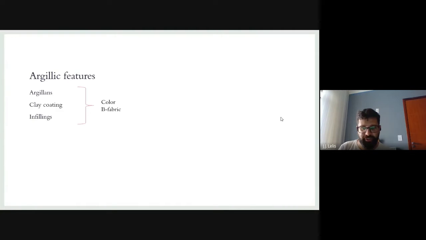These argillic features are related to clay migration or clay production inside the soil, and they are very important because the clay migration, the migration of clay from the surface to the subsurface horizon, or from the subsurface horizon to the surface, because we have these two ways, two directions of movements. They are expressions of a constant climate condition.